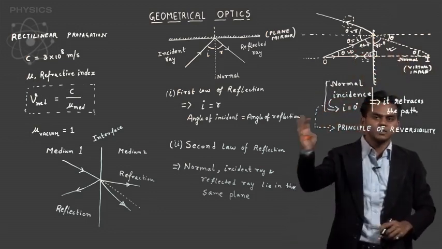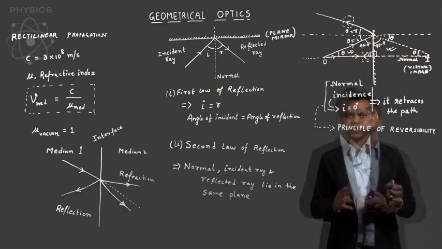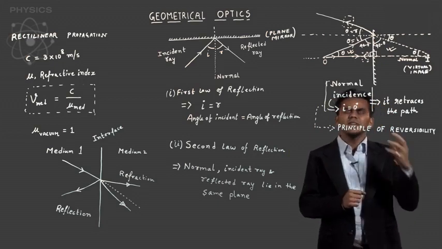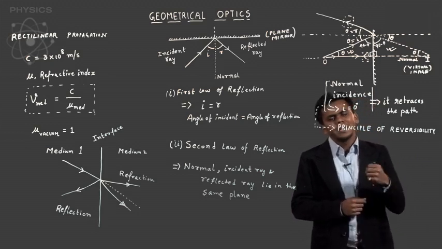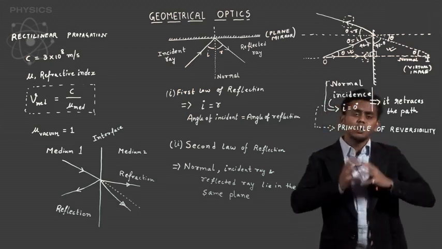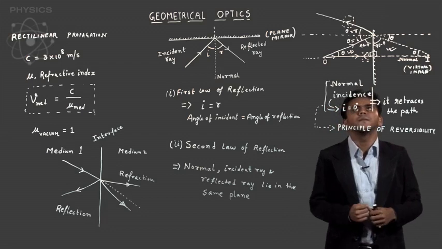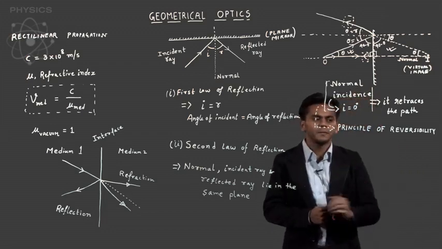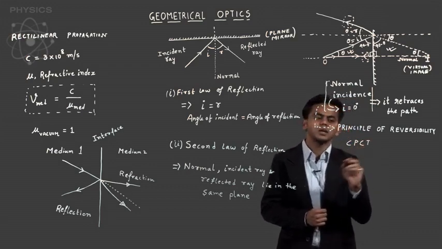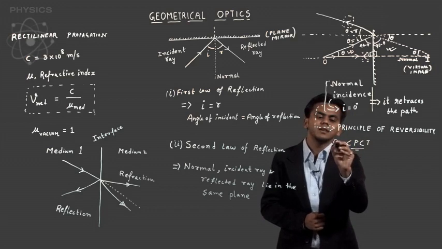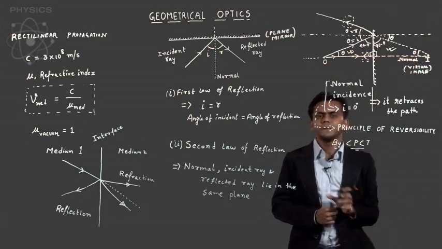congruent. Just figure out the congruency property, but I don't want to get into those detailed mathematical reasoning, because to me it is very obvious that if two triangles are similar and one of the sides is the same, it means congruency. The triangles are congruent. So if these two triangles are congruent, by CPCT, corresponding parts of congruent triangles are congruent, I can say that this length over here and this length over here are the same.